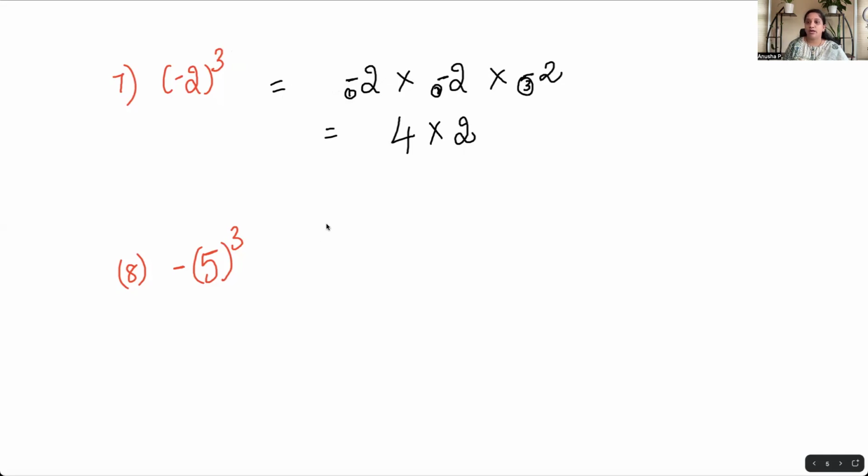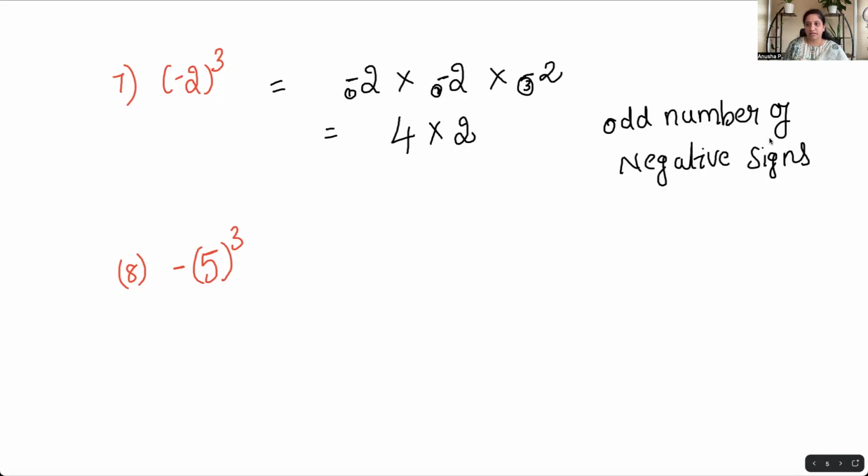If you have an odd number of negative signs in multiplying integers, then the answer will be negative. Okay. So negative 4 times 2 is negative 8.